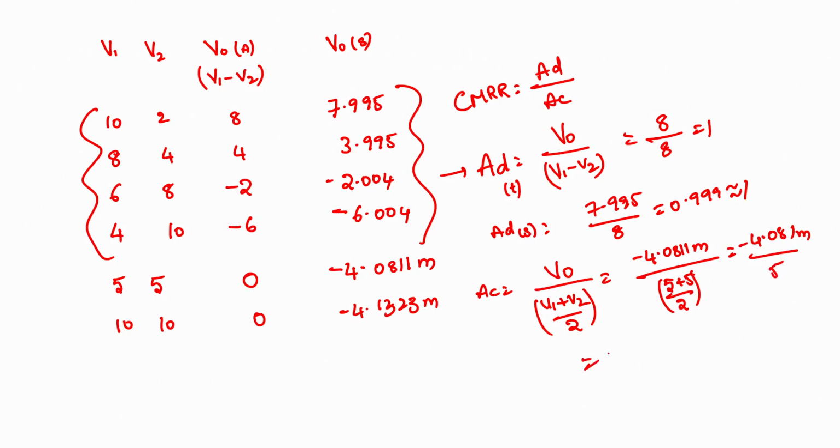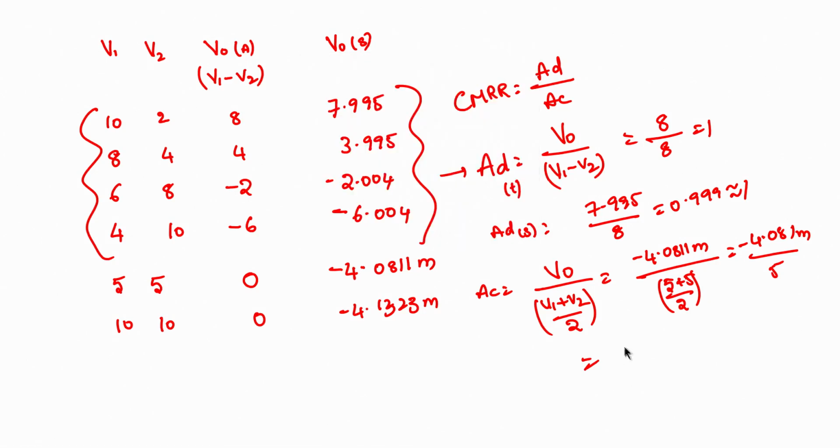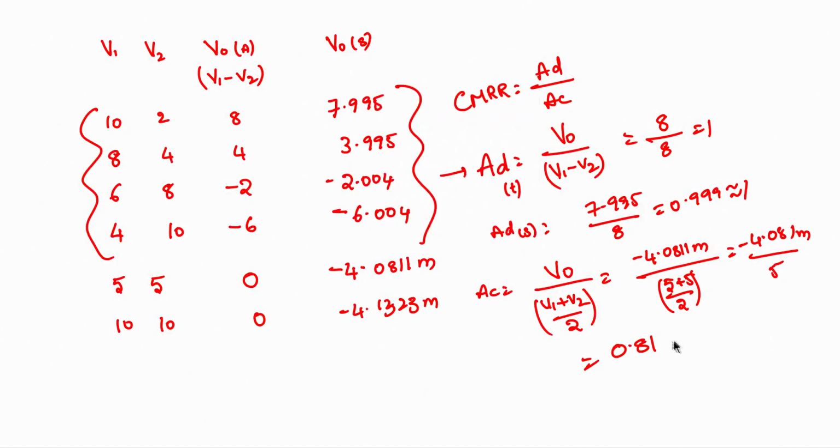I take a calci, 4.081 divided by 5, 0.8162 milli. So, that means the value is 0.816 milli, no unit, because volt by volt will be cancelled, right, or 816.2 micro.